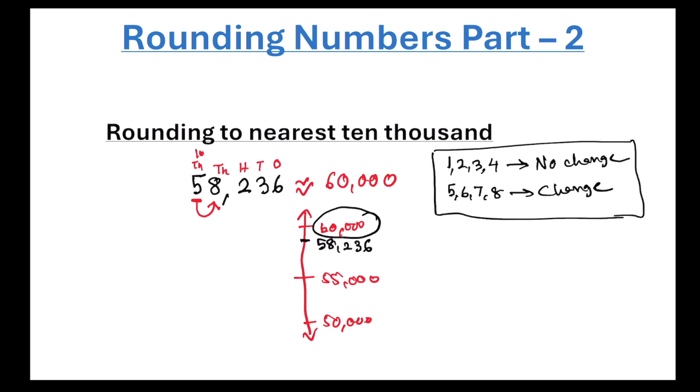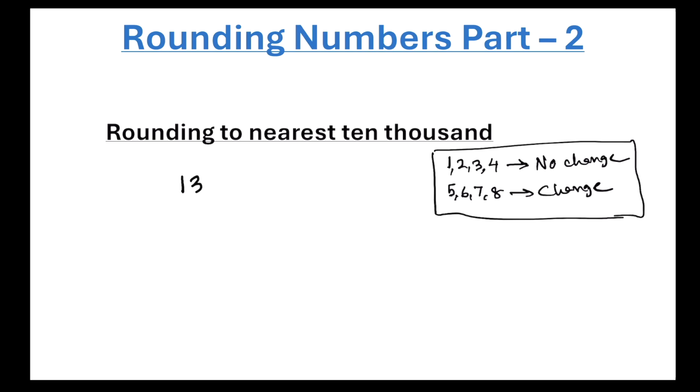Let's do another example. 13,208. Step 1. Let's find the tens place digit. Ones place digit is 8. Tens place digit is 0. Hundreds place digit is 2.